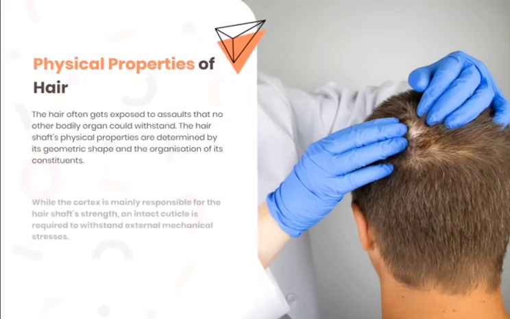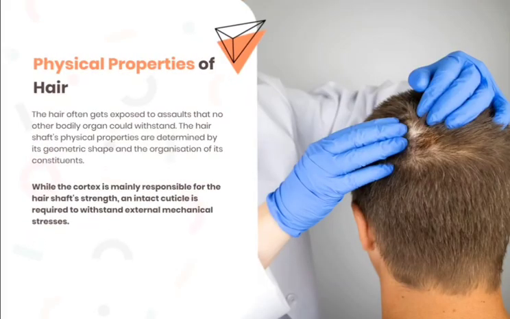Physical properties of hair. The hair often gets exposed to assaults that no other bodily organ could withstand. The hair shaft's physical properties are determined by its geometric shape and the organization of its constituents. While the cortex is mainly responsible for the hair shaft strength, an intact cuticle is required to withstand external mechanical stresses.